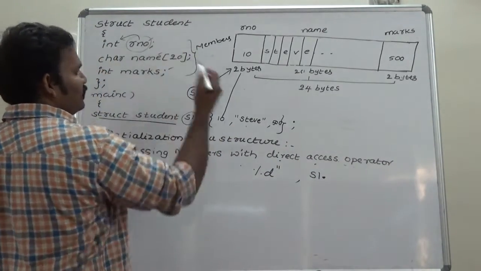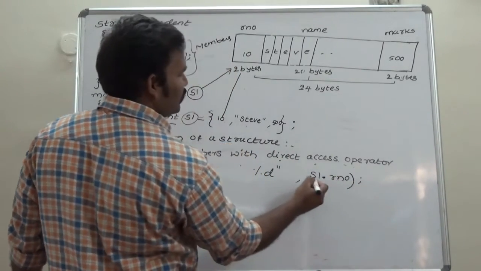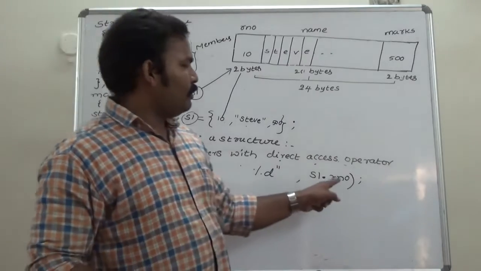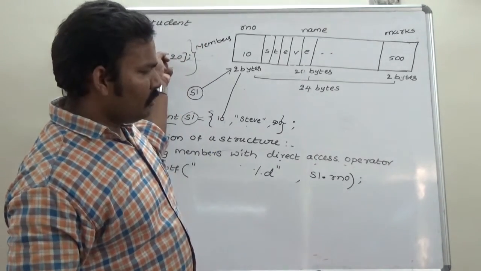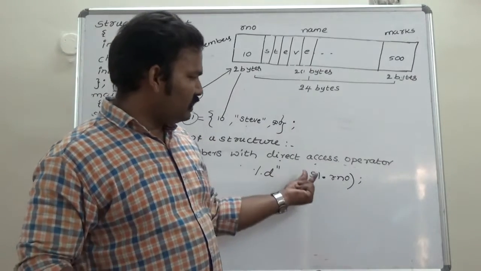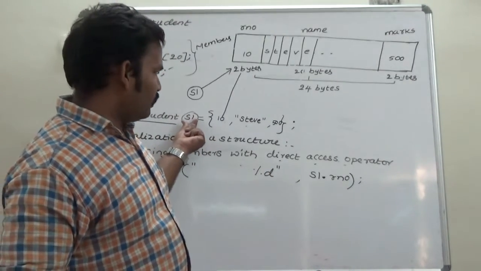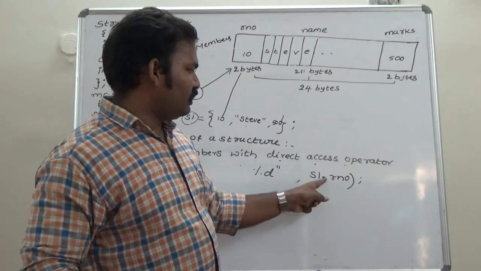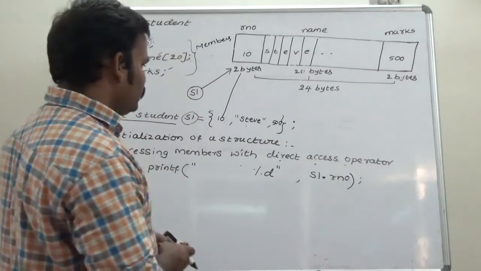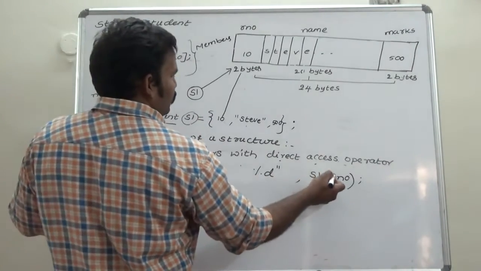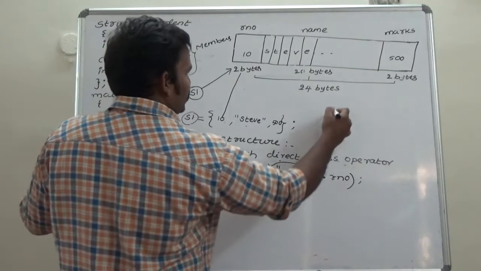Then we write the member name: S1.rollno. Structure members can be accessed with the object, meaning the structure variable: object, direct access operator, member. Roll number is 10, so 10 will be displayed on the screen.